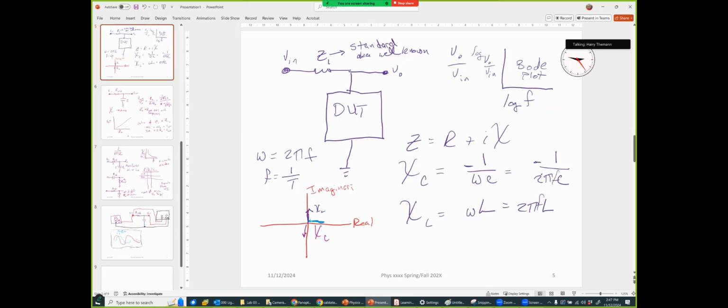The real part here is R. So it turns out that Z total equals the square root of R squared plus the reactance squared, but that's in this complex plane, and we'll just table that.